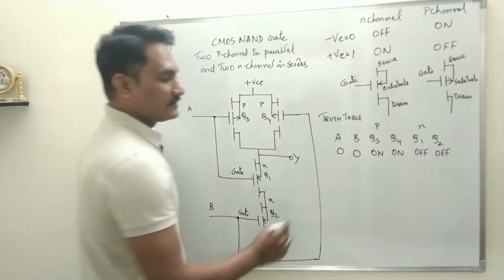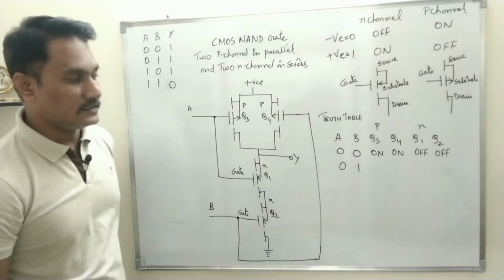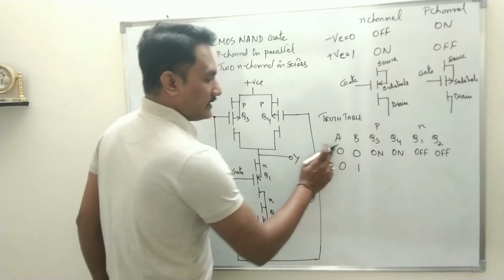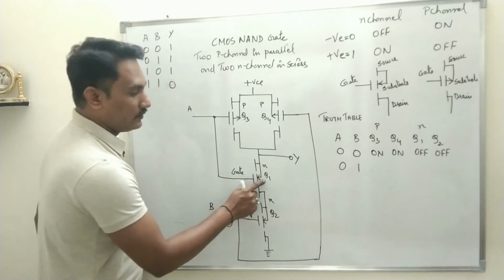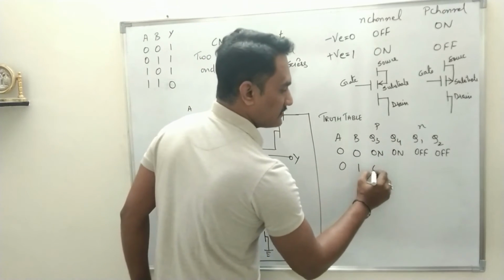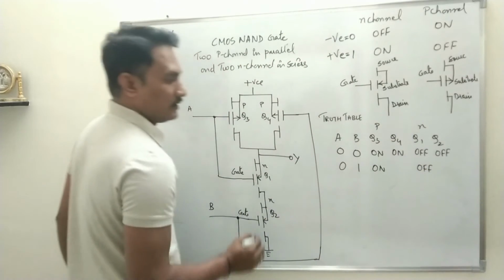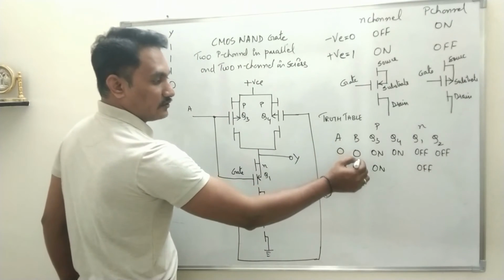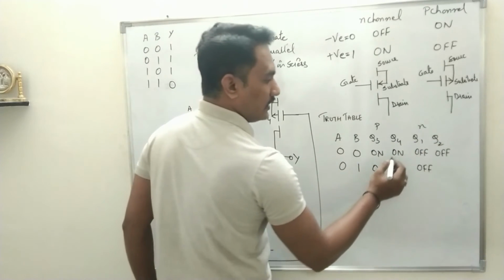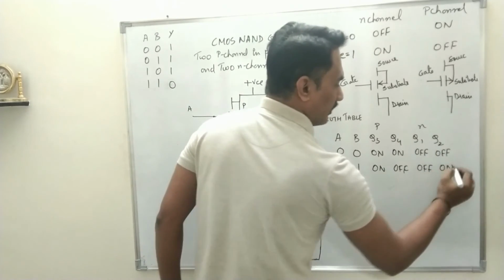Next we make A equal to 0, B equal to 1. The second condition, A is 0, B is 1. What are the transistors connected to A? Q3 and Q1, and we haven't changed A, so Q3 and Q1 will remain as they are. Q3 will be on, Q1 will be off. But now B has changed from 0 to 1, so the condition will change for Q4 and Q2. So Q4 will now be off, Q2 will now be on.